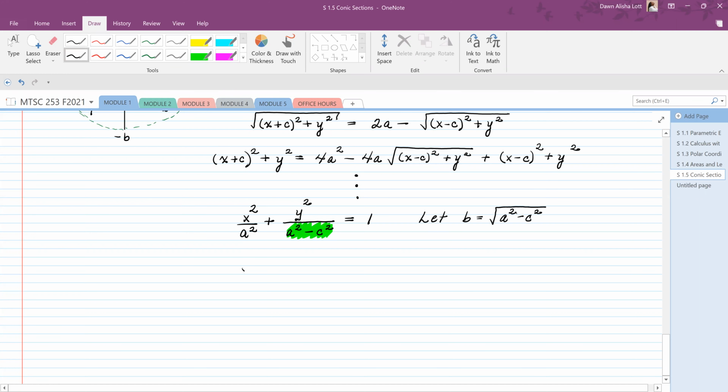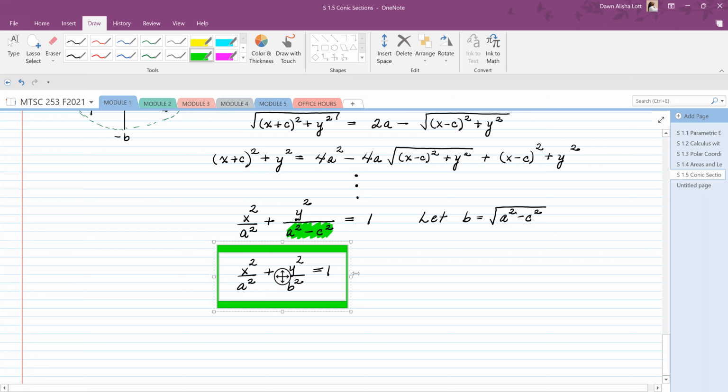So now we get x squared over a squared plus y squared over b squared is equal to 1. That is the equation of your ellipse.